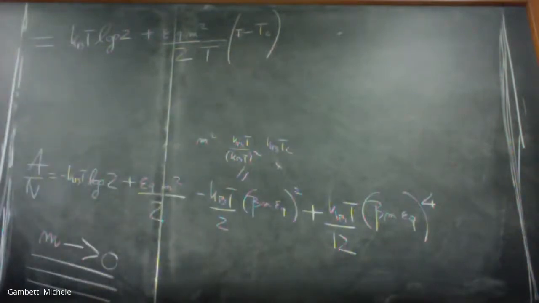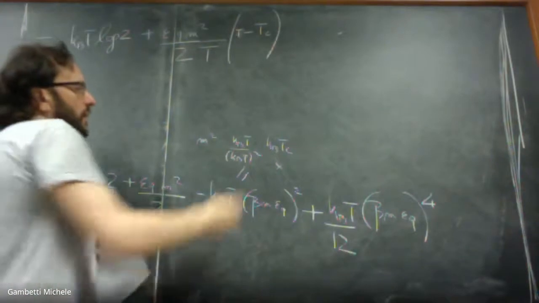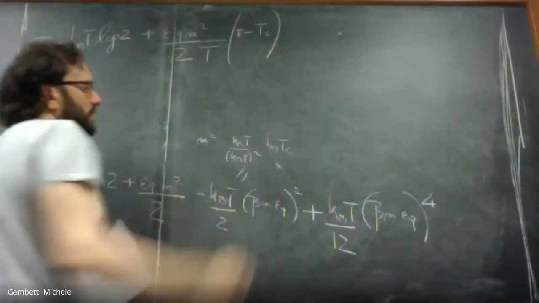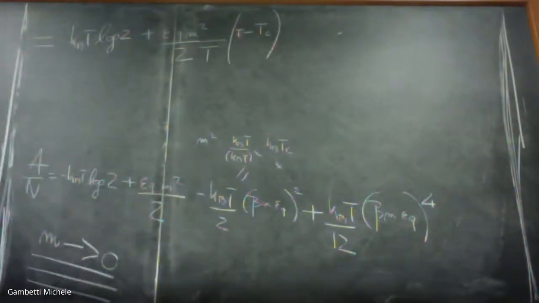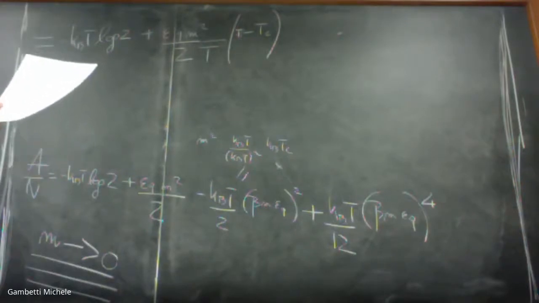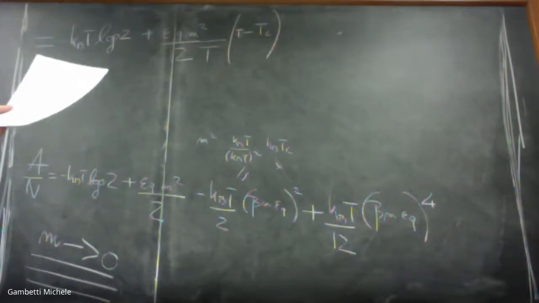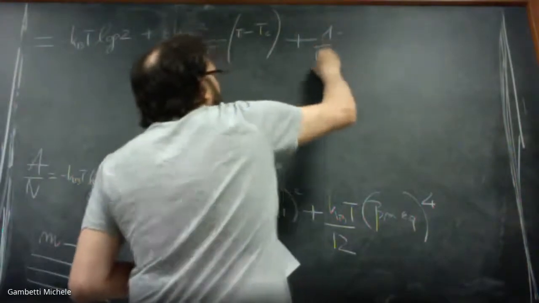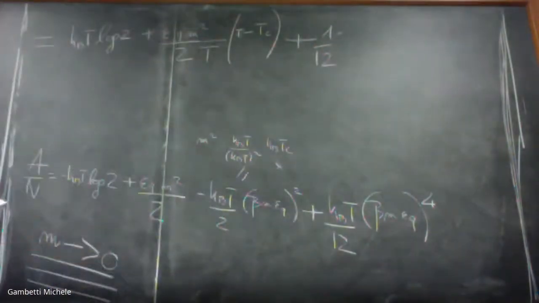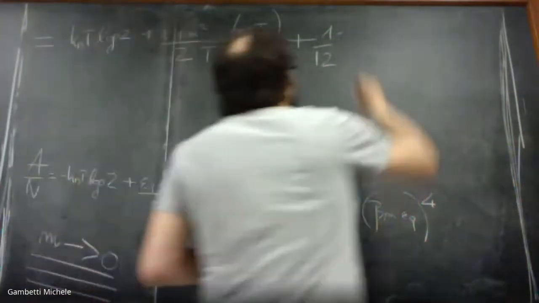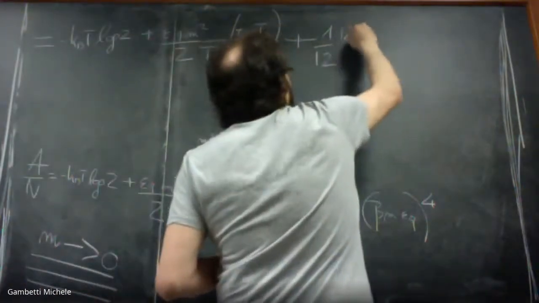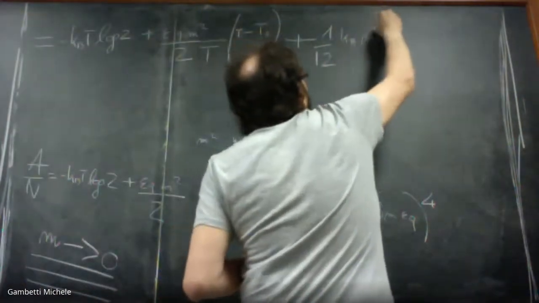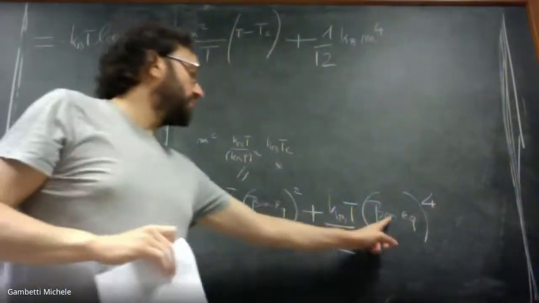A ratio between T_c and T, and the m squared is collected. So I have minus k_B T log 2, epsilon q m squared over 2T, T minus T_c. Plus 1 divided by 12, k_B, m to the power of 4, it comes from here.